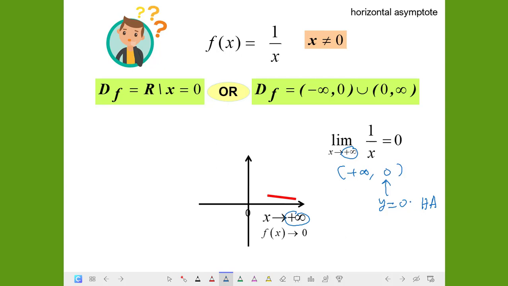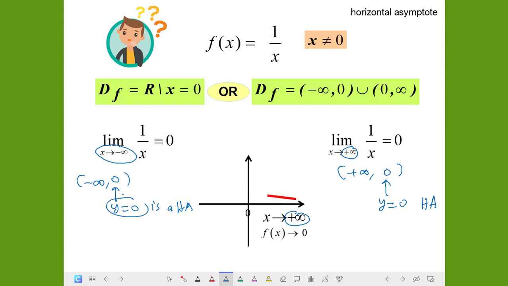And the limit of 1 over x as x tends to negative infinity, 1 over negative infinity is equal to 0. So y equals 0 is a horizontal asymptote. Actually, the asymptote has an equation, y equals 0, drawn as a dotted line.